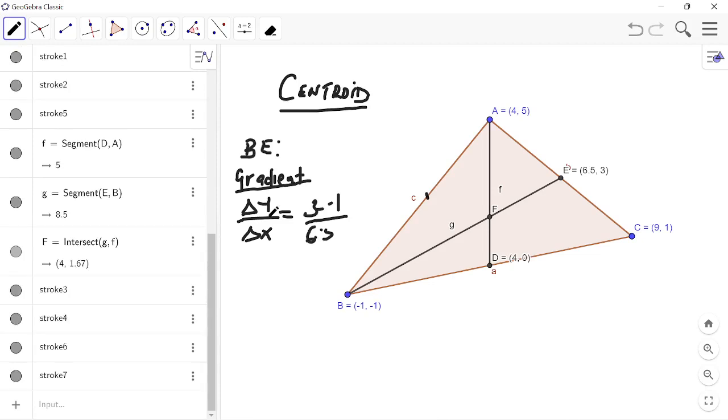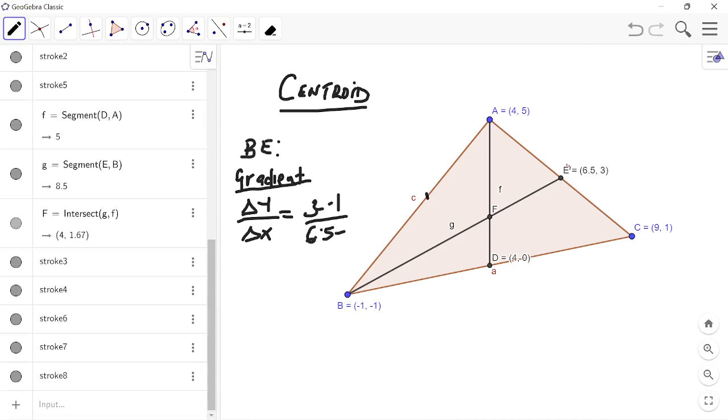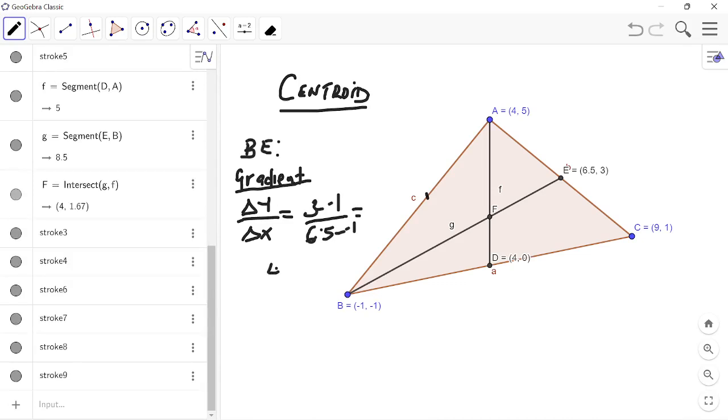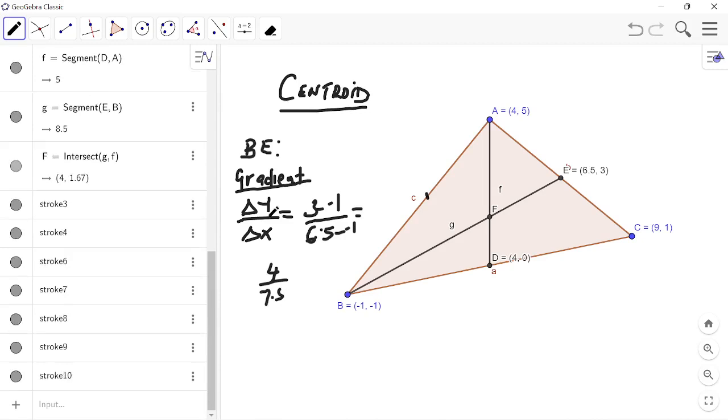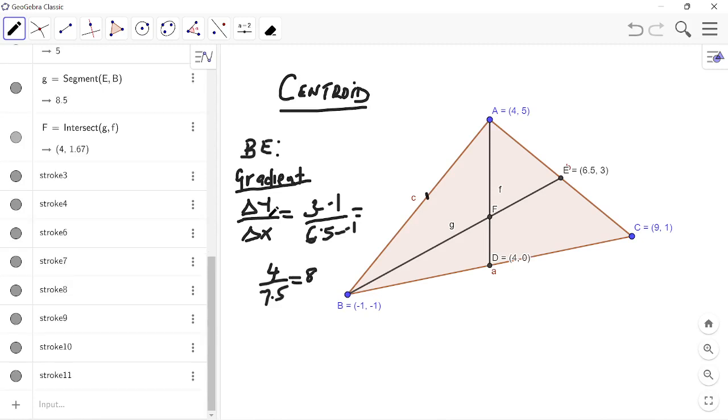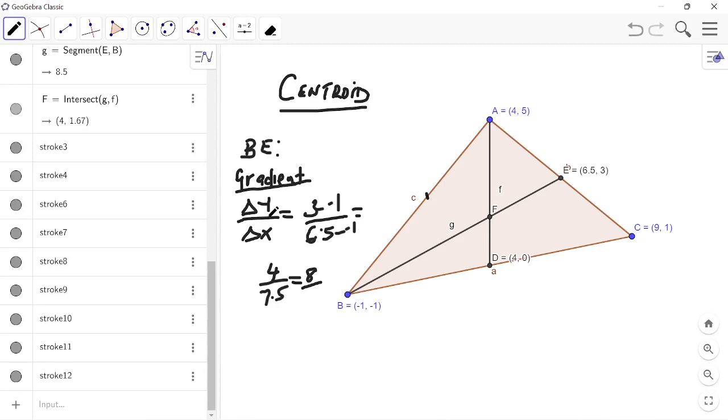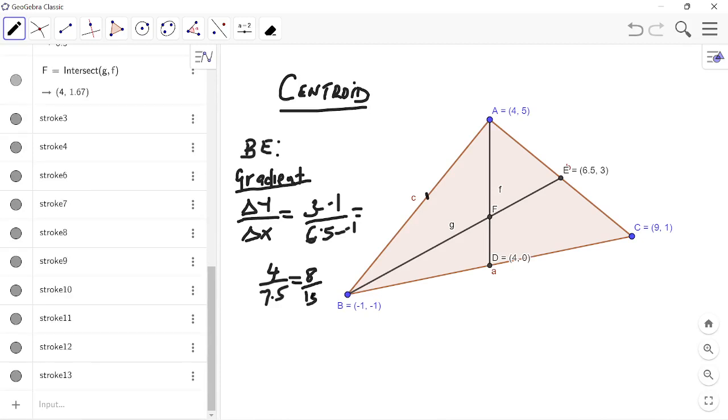6.5 minus negative 1. So this gives you 4 over 7.5. You know, 7.5 is 15 over 2, so this is 4 over 15 over 2.